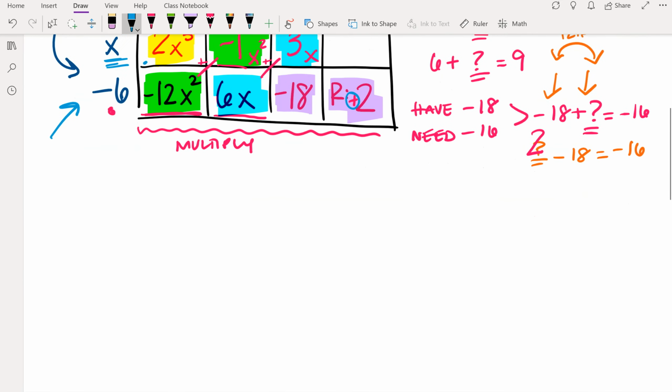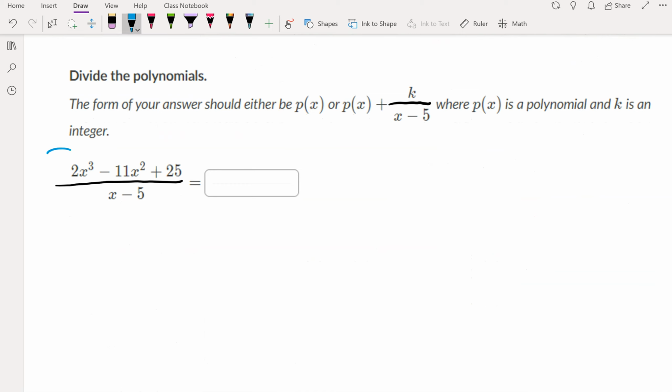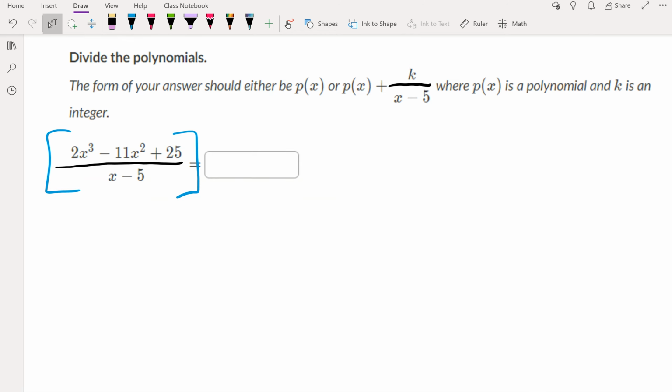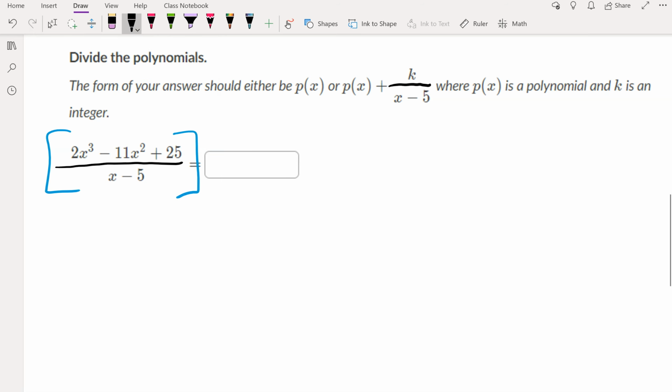Here we go. You do not need to write down all the words, but I do want you to make sure you get this division problem down. And we are going to start in the same way that we know how to start, by drawing a box. So let's draw a box on our paper.